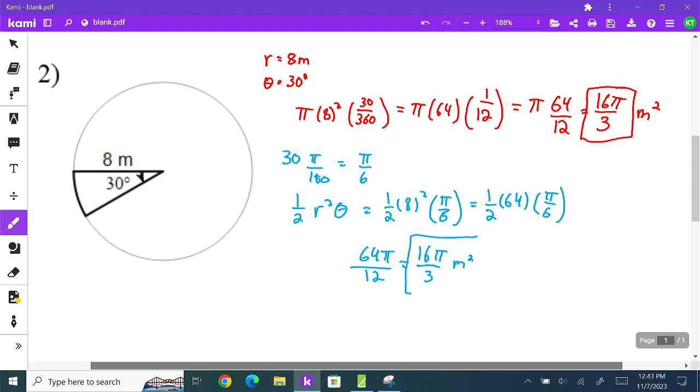So again, just like arc length, area of a sector will give you the same solution, whether your theta is in degrees or radians to begin with.